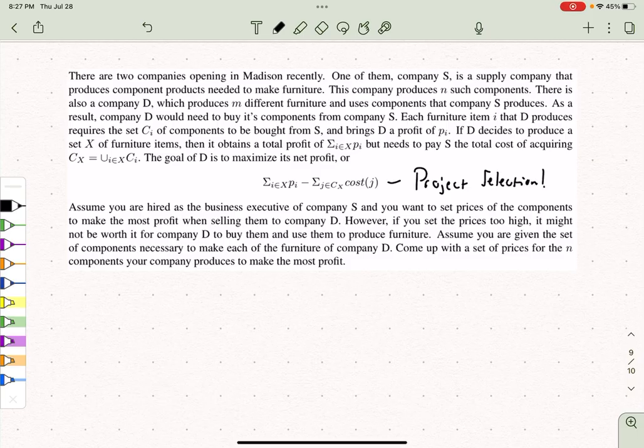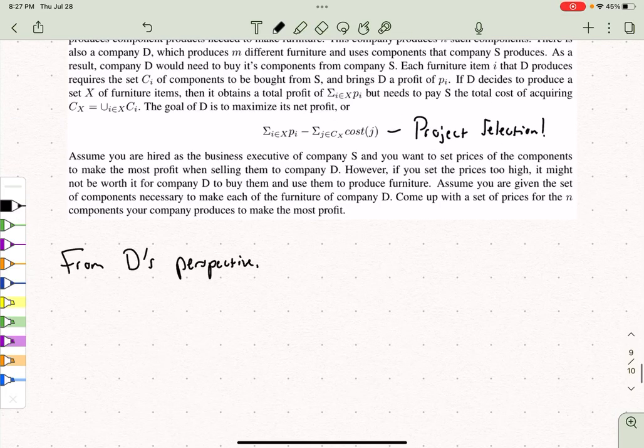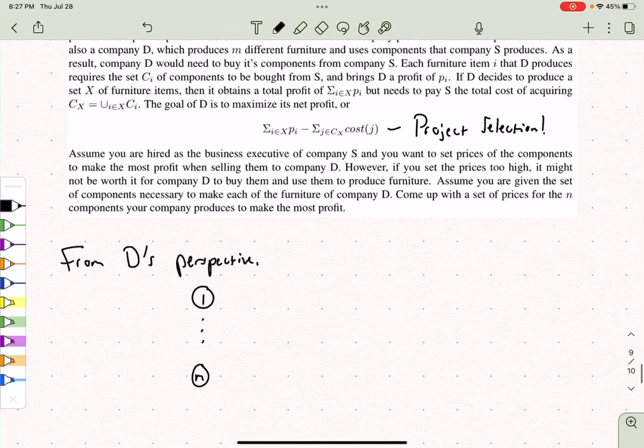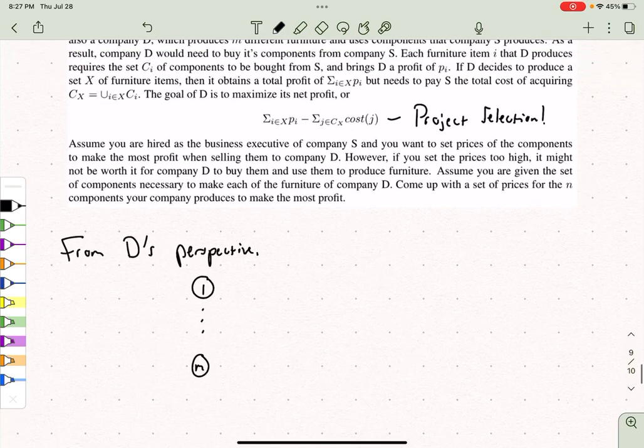So from D's perspective, we have this dependency graph with a bunch of furniture items. So there's M furniture items, and then for each item there are certain components that it requires.